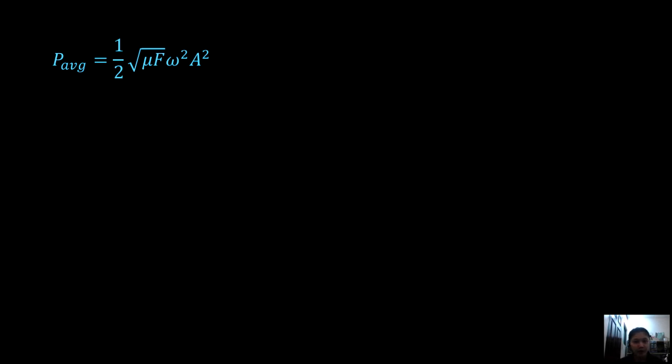And we know that the omega is equal to 2 pi multiplied by the frequency, and the frequency is given in the problem, so we'll proceed with that later. And for the mu, we know from the previous problem that we have solved, mu is equal to mass divided by the length. So we'll first solve the omega.